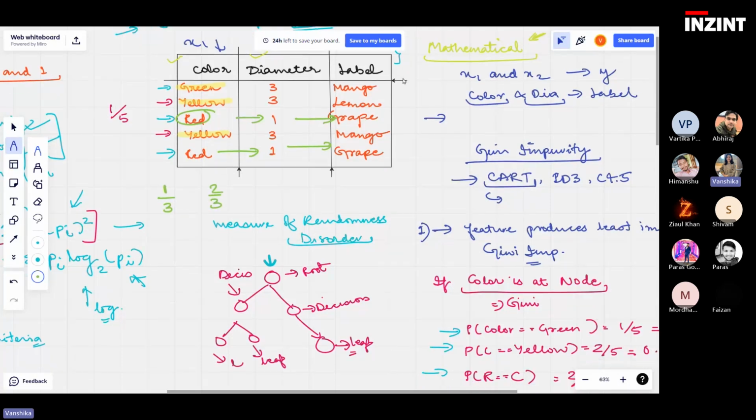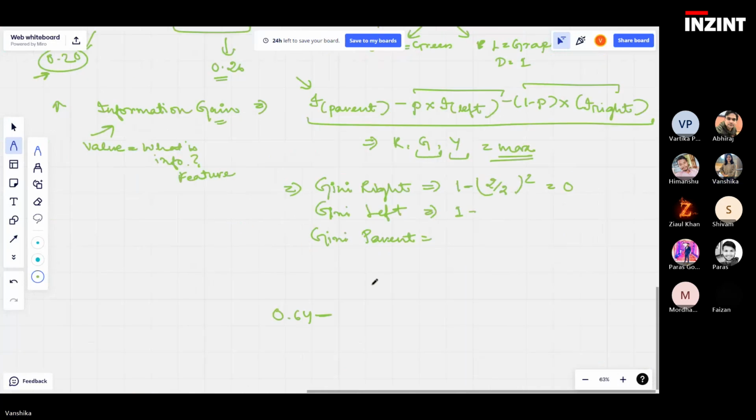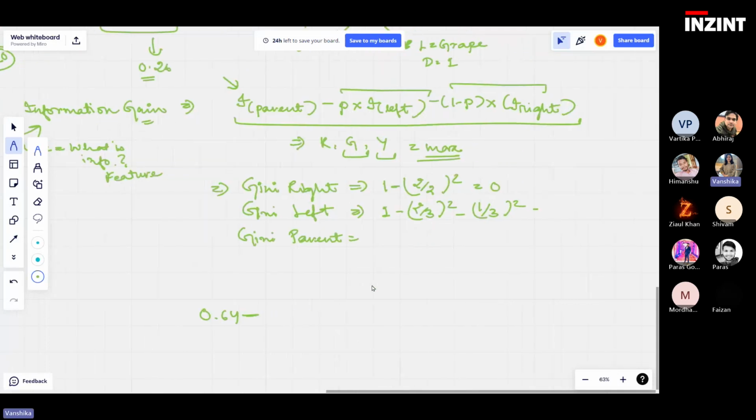So what would be the Gini for the left subtree? It would be 1 minus ((2/3) squared plus (1/3) squared). Can you all compute it and tell me the answer?